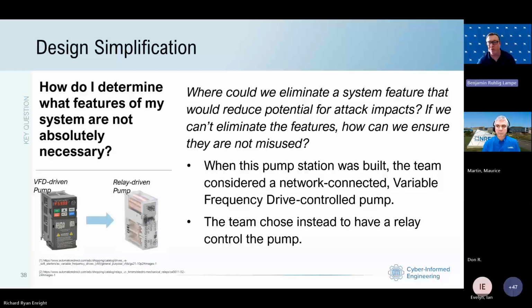You could just go back to a simple on-off control and reduce that threat space, knowing that your system and its expected behavior fits more in line with that design simplification practice. And in this case, this pump station didn't need the network connected VFD drive receiving the messages from the PLC to perform its behavior. It could solve the critical function through just a relay driven pump and on-off type behavior.